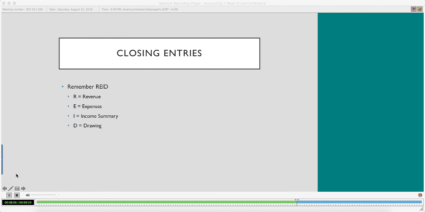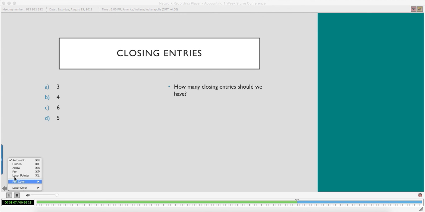Okay, it is actually 4. How many of you remember the acronym the textbook gave us? I know chapter 6 was kind of a blur because we threw 2 chapters at you at once. Yeah, I figured that was going to be the answer.